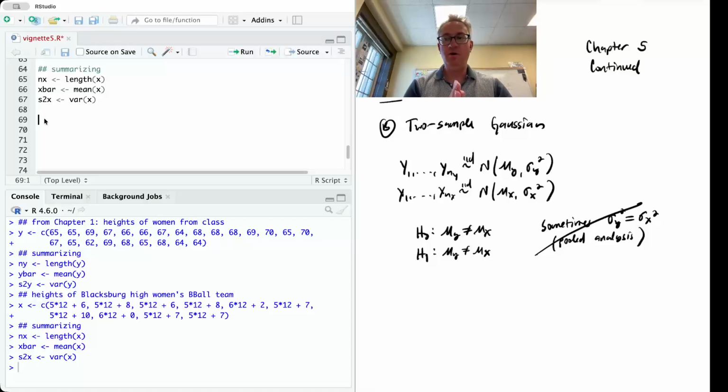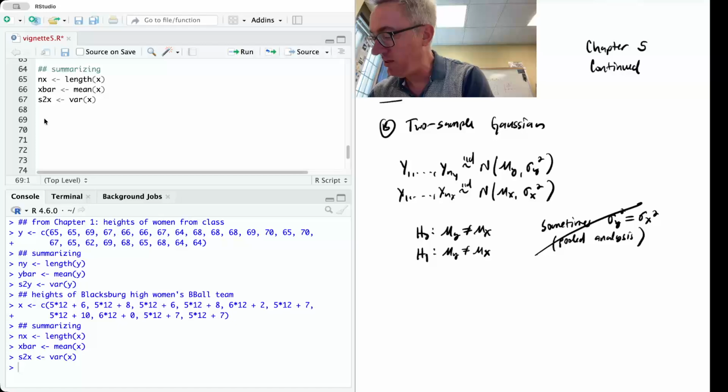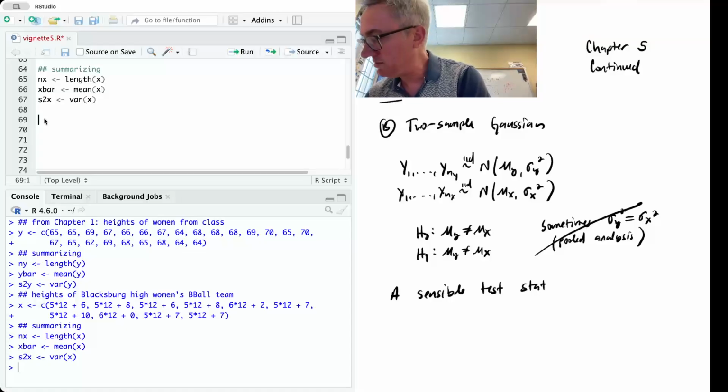So a sensible test statistic, I should have written that down before I got started. Just like in part A of the vignette, a sensible test statistic is the difference of the two means. So mu hat y minus mu hat x.